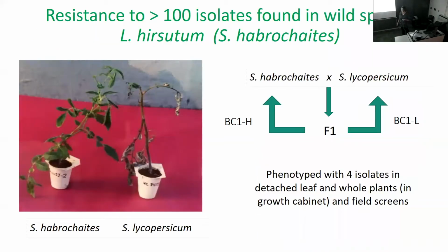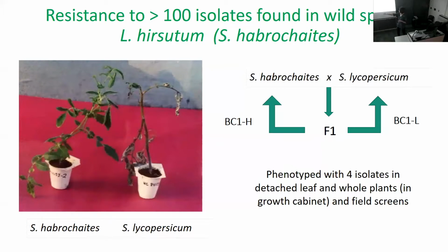So we were working with UC Riverside. This is a project at UC Davis with a pathologist called Mike Coffey. He'd found this wild tomato line that was resistant to over 100 isolates of Phytophthora infestans. And forgive me if I get the names wrong, because they've changed the names of the species for tomato.